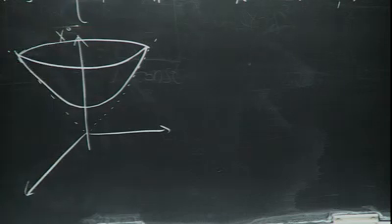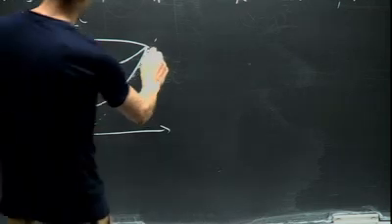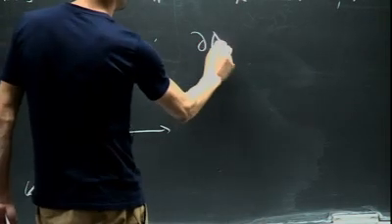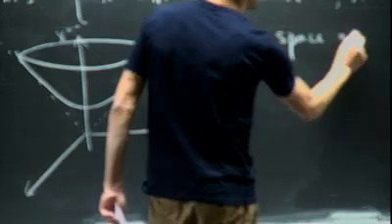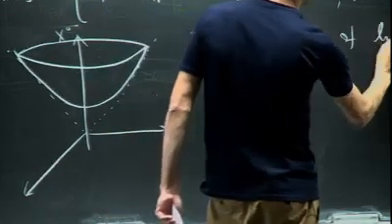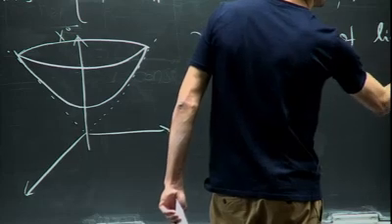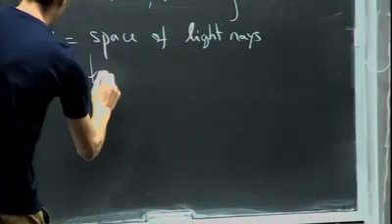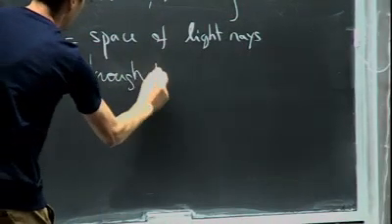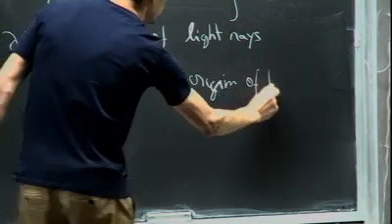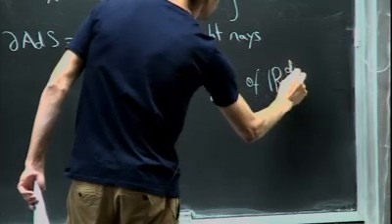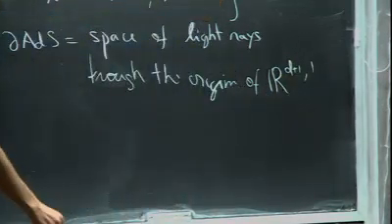Okay. So just from this picture, we already conclude that the boundary of AdS is basically the space of light rays through the origin of this embedding space. Okay?